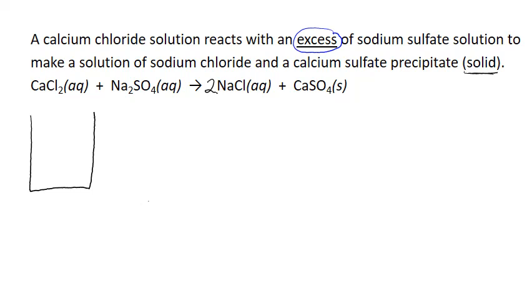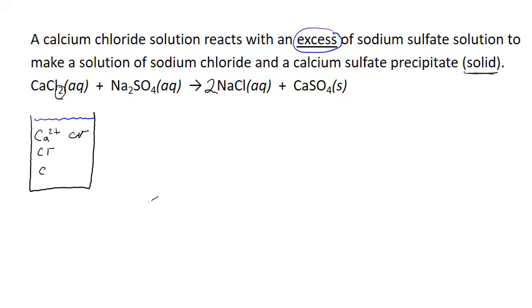Now in aqueous solution, ionic compounds always separate into their component ions. So here's Ca2+, and here's chloride. The Cl sub 2 simply means there are 2 chloride ions for every 1 calcium.